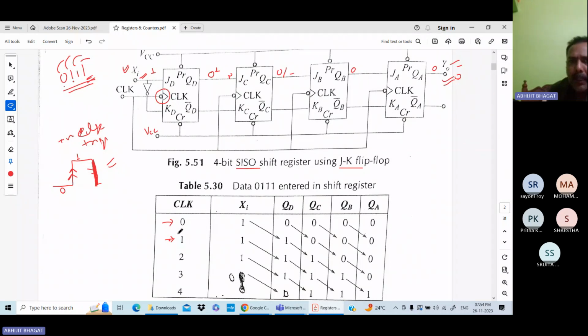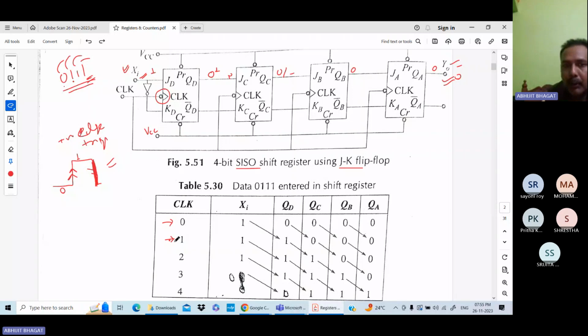There is nothing much to understand. Initially, when you do not provide the clock pulse, this Xi has the first input, D0 you can say, and all of QD, QC, QB and QA are set to 0. How to set them to 0? By setting 0 here. Okay, we will do this first. After that, you provide the first clock.